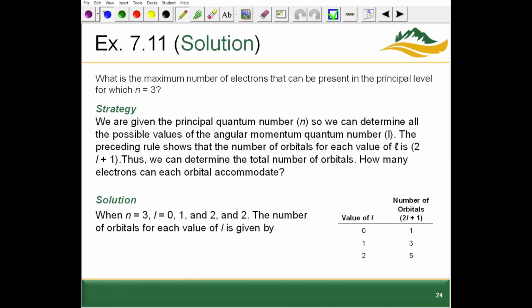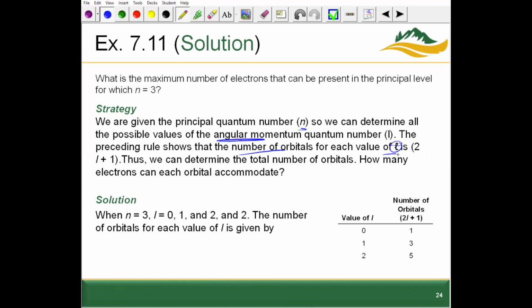There is another way we could solve this as well, so I'll go through that. We're given a principal quantum number, so n, we can determine all the possible values for L, the angular momentum quantum number. Then I know there's a few different equations we've seen before, but the preceding rule shows the number of orbitals for each value of L is 2L plus 1.